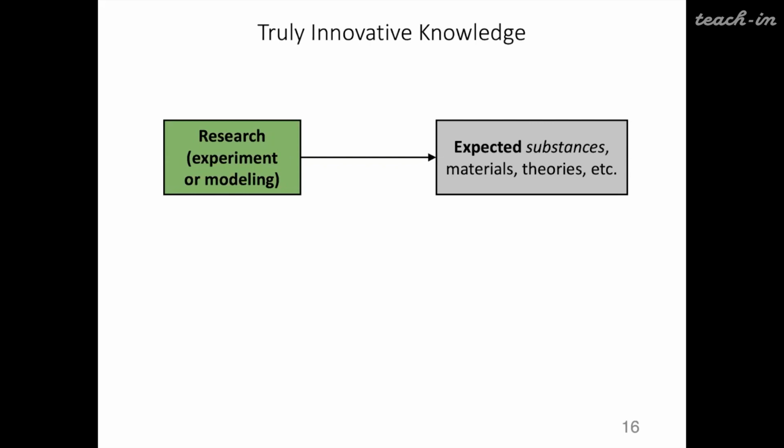So as we have discussed, in science, when we plan experiments, we expect some results. We expect to synthesize some new materials, or we check some models or theories, and we expect some results based on our previous knowledge.